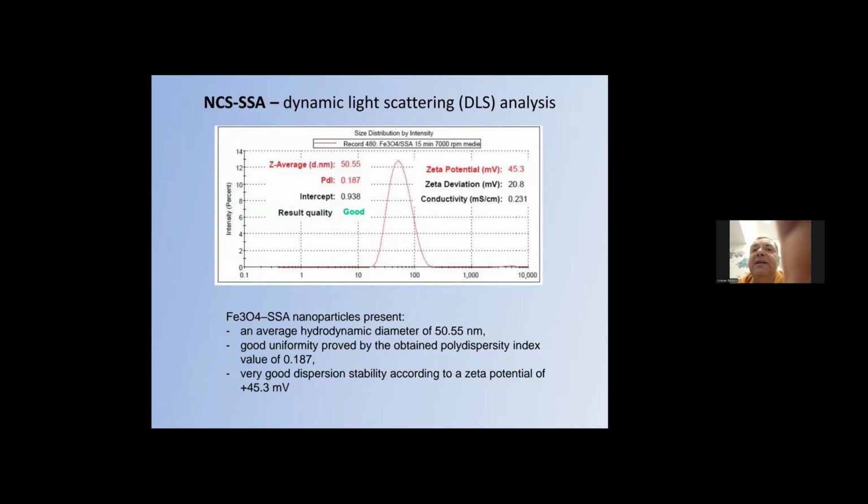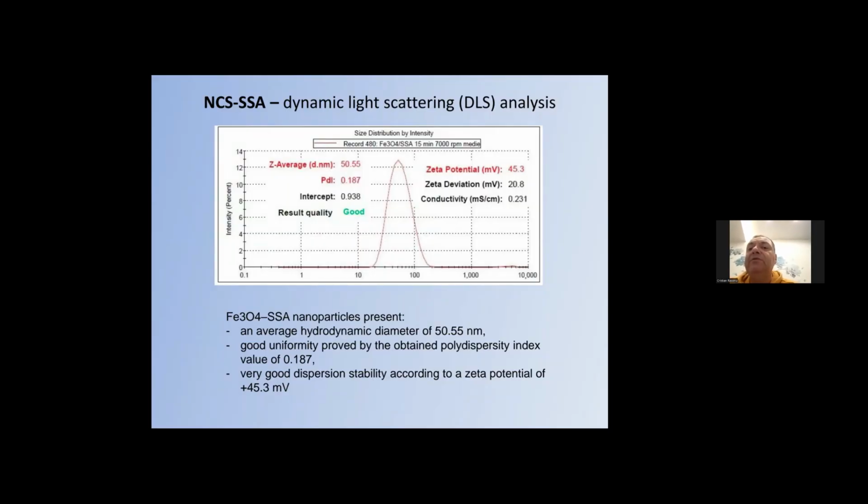Also, for characterization of this substance, we use dynamic light scattering DLS analysis, and the result of the apparatus is given here, extracting the zeta potential and the other parameters that you see in these pictures. So after this apparatus measurement, we can tell that the average hydrodynamic diameter is 50 nanometers.